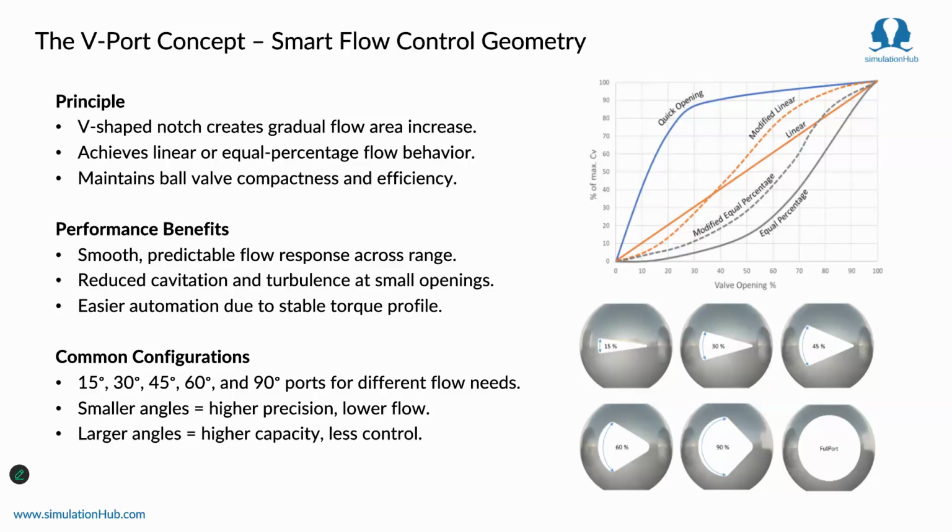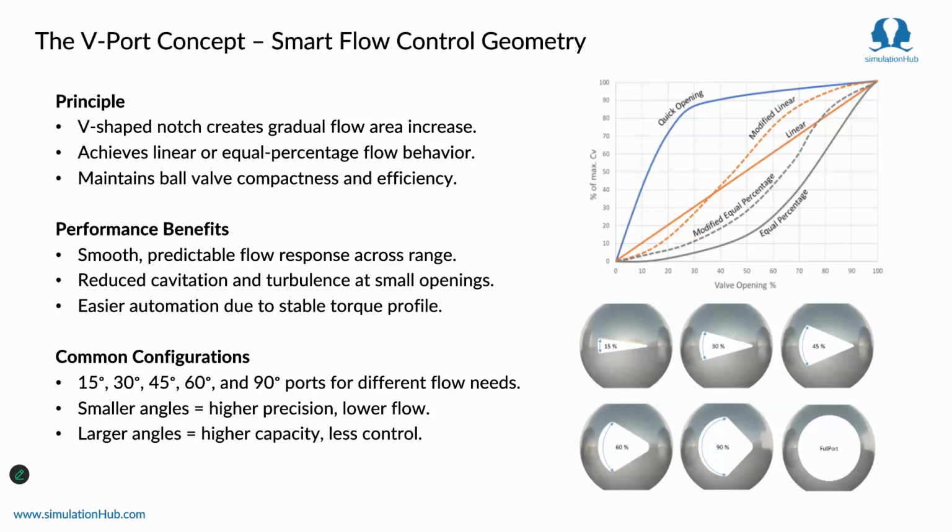The common configurations are 15, 30, 45, 60, and 90 degrees. As the design suggests, at 15 degrees it's a small opening and it gives more control but lesser flow.